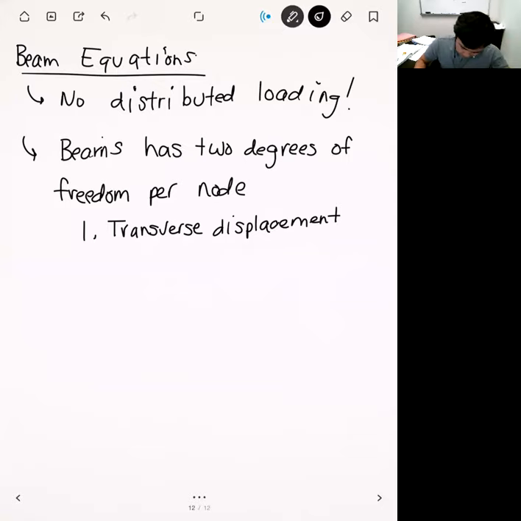Okay, and number 2 is we have a rotation. Okay, and really the rotation is what makes it unique, and I think that's the connecting thread between what we're covering theoretically here, and what we did for activity 4, which is shell and beam elements.